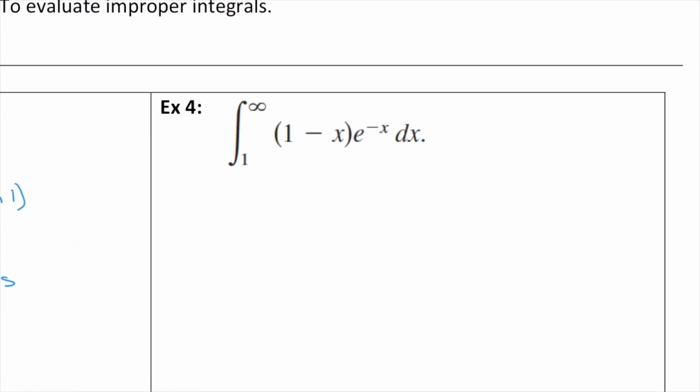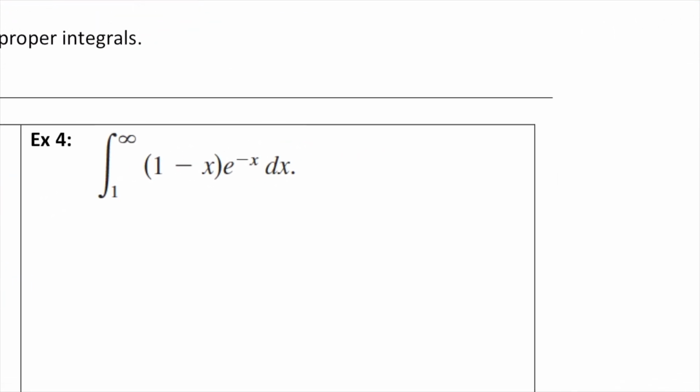For example 4, it looks like we should use integration by parts. The u is 1 minus x, and our dv is going to be equal to our e to the negative x dx, in which case du is negative dx, and v is going to be negative e to the negative x.